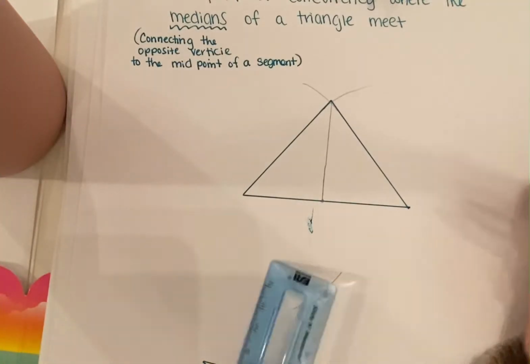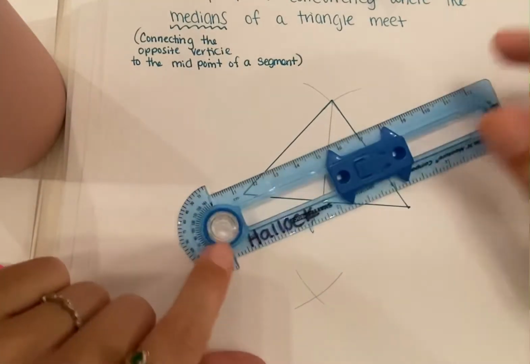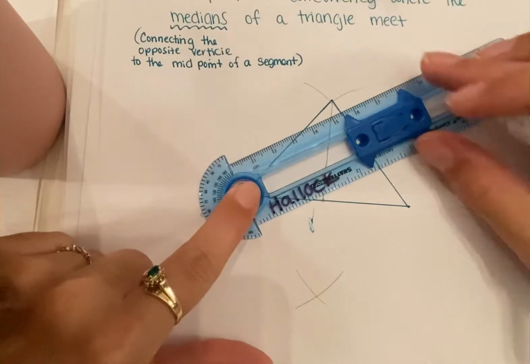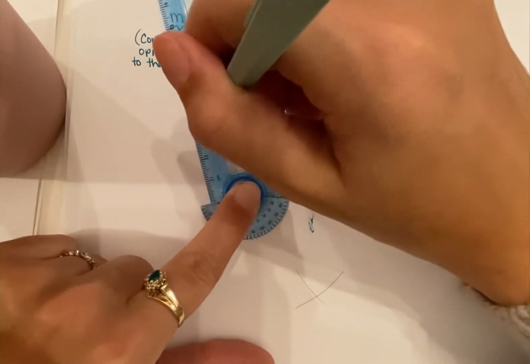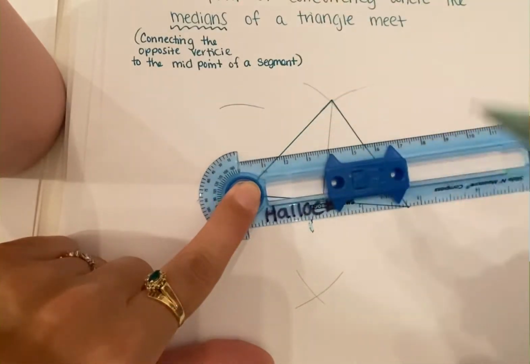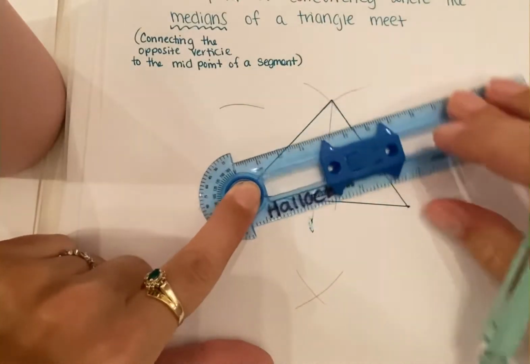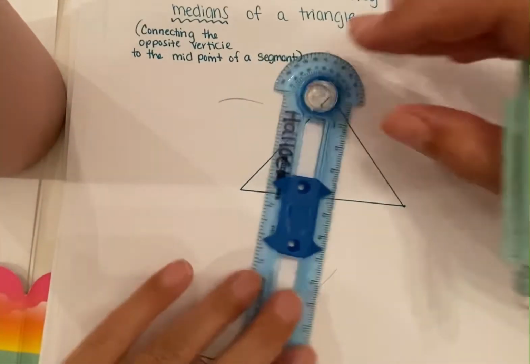Then I'm going to do the same thing for another side. So I'll do the side over here, extend more than halfway, and I'll put an arc out here, arc in here. Flip it, don't change the measurement at all.